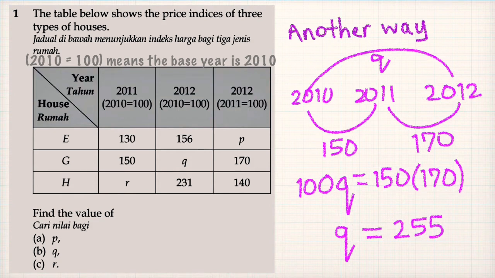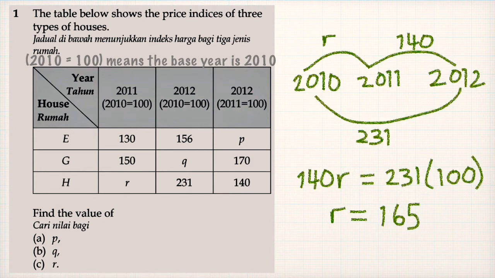The longer leap is above, because it is 2012 based on 2010, the middle column, which is labeled Q. The below part has 2011 based on 2010, which is 150, and the other leap has 2012 based on 2011, which is 170. Remember, the longer leap will be multiplied with 100, so 100 times Q equals 150 times 170. When you calculate this, you get Q equals 255.